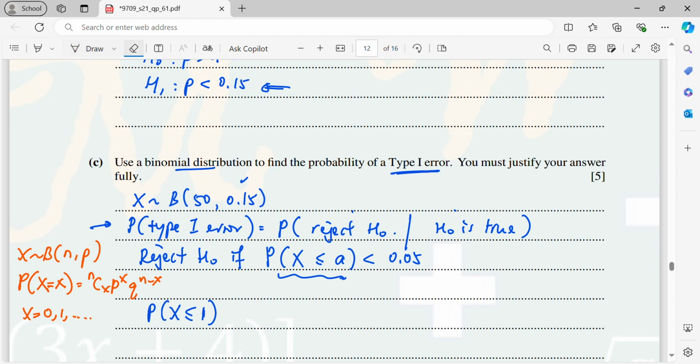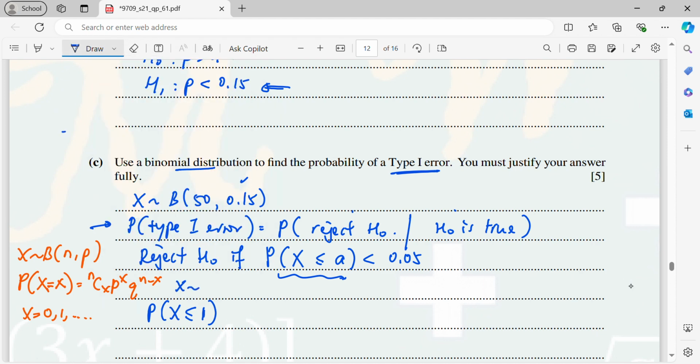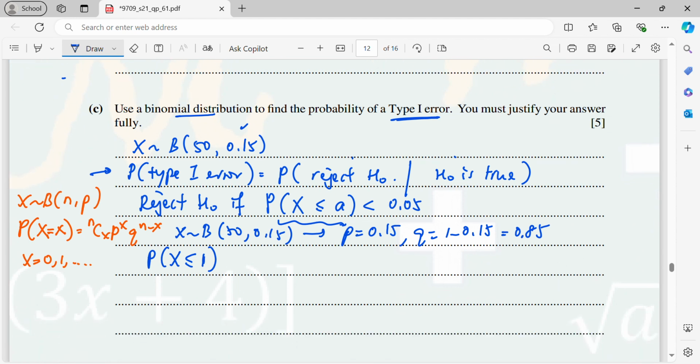So now from here, I will write my X is binomial 50, 0.15, because I need to write down my p and q. So that means p is 0.15. Then q is 1 minus 0.15, that is 0.85. So less than or equal to 1 means it will be 0 and 1.